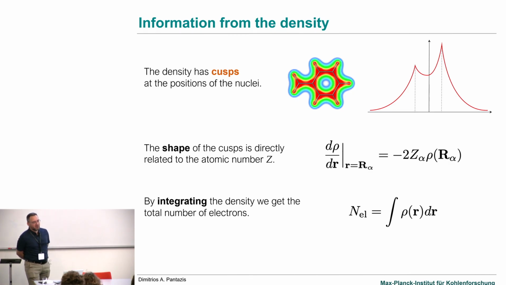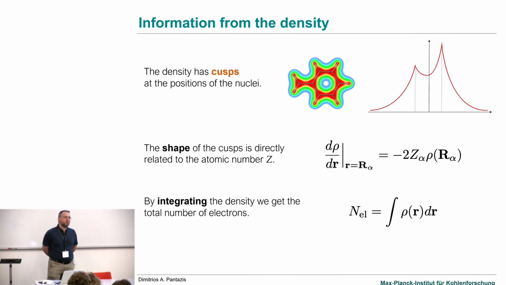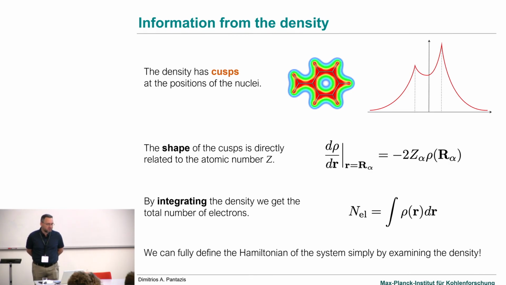So you know where your nuclei are. And if you study the shape of the cusps, you can tell what nuclei are there. You can get the charge of the nucleus. And by integrating the density, you know how many electrons you have, and that's all you need. You have just specified your system.